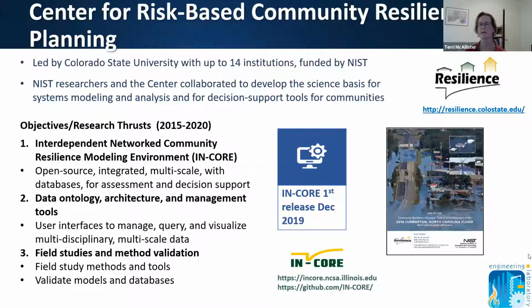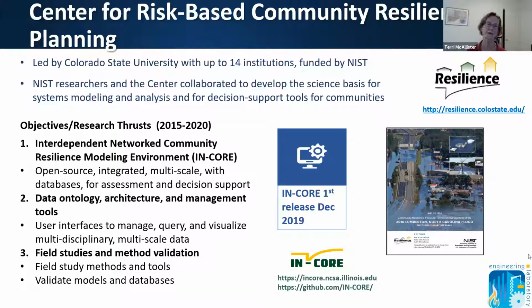I want to talk for a minute now about the Center for Risk-Based Community Resilience Planning, which NIST funded starting in 2015. It's led by Colorado State University with up to 14 institutions. NIST and center researchers collaborate to develop the science basis for systems modeling and analysis and decision support tools for communities.